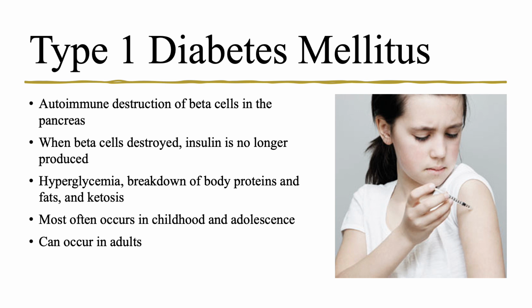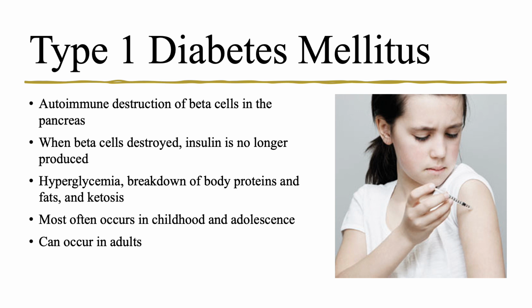All right, so type 1 diabetes is an autoimmune destruction of beta cells in the pancreas. When these cells are destroyed, insulin is no longer produced, although it can be produced in fits and starts in the beginning of the disease process, which can make it very hard to regulate blood sugar by administering insulin.